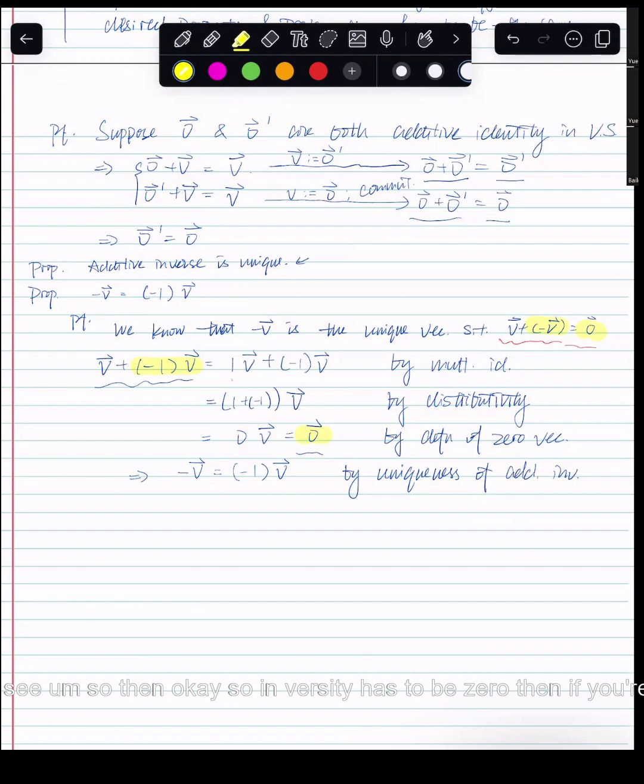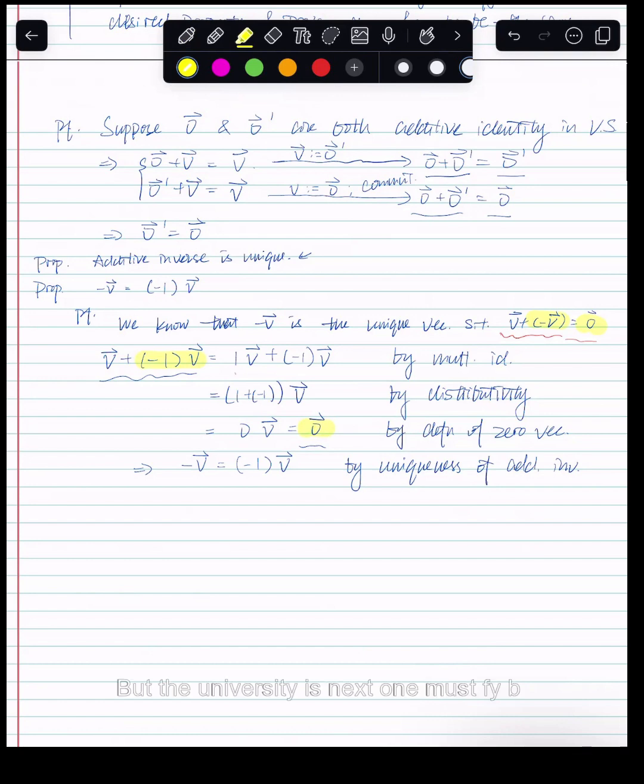So then inverse v has to be zero if you're adding it? No, oh wait, no. The sum should be zero, but the inverse v is negative one multiplied by v.